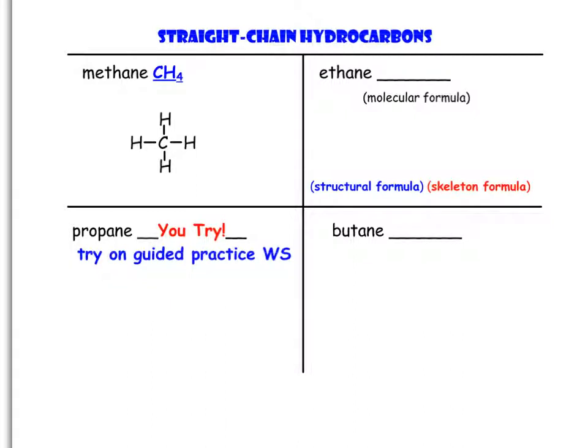So if we go through and name ethane, well, our structural formula is like this, and I'll go through and do those first, and then I will show you what a skeleton formula is. They're the same thing, it's just a different way to draw structures. So if I draw the structural formula for ethane, here we draw 1 carbon, because we have ethane, and then we have to draw a second one because our ethane is our prefix for 2.